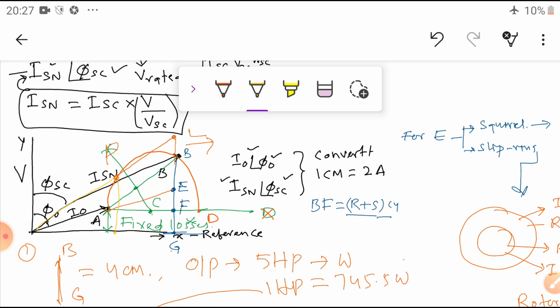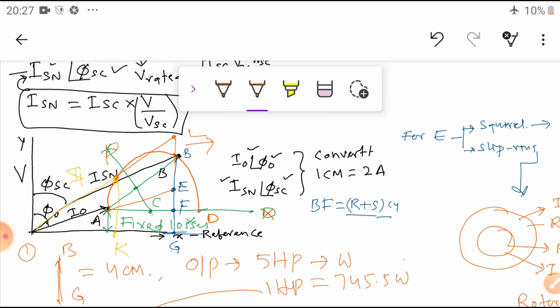So here, from P to this line, I can represent it, I can write it as K. From P to K, I drew one vertical line. From 0 to P, I am going to get the current I1, the input current, that is called the input current.